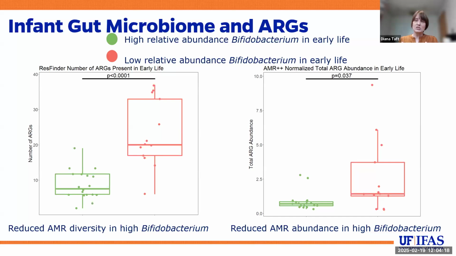So if you can switch the infant gut microbiome from this very scattershot pattern we tend to see in the US to very high levels of bifidobacteria, which is more typical in most countries in the world, you can start to see less resistance. So this becomes a point where diet has the potential to help with controlling the spread of antimicrobial resistance.